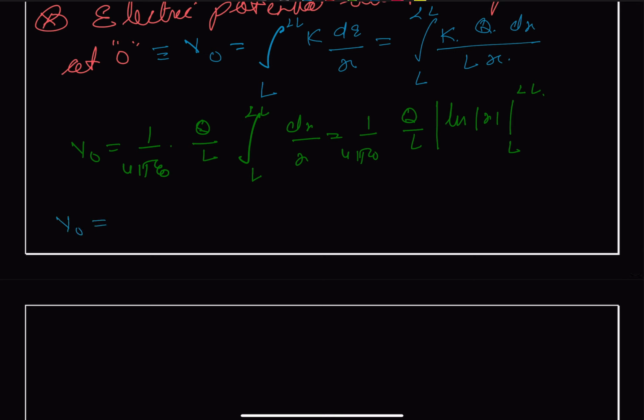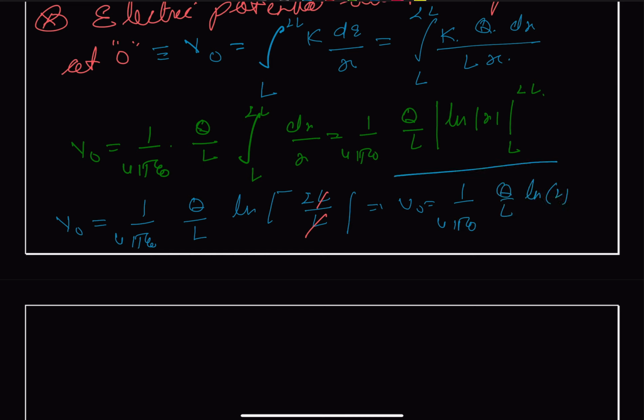This comes as natural log of upper limit 2L divided by L. This L and L goes away. So we get V naught will be equal to 1 upon 4 pi epsilon naught, Q upon L, and natural log of 2.